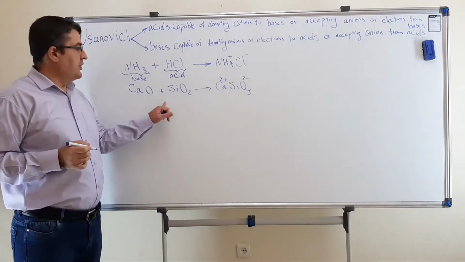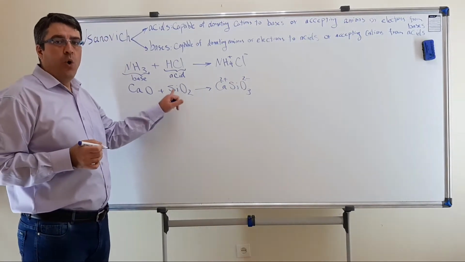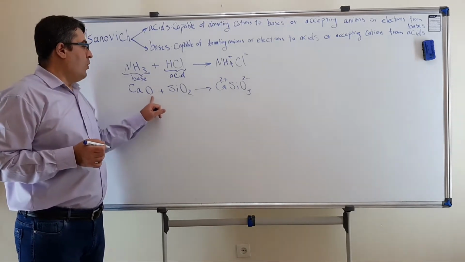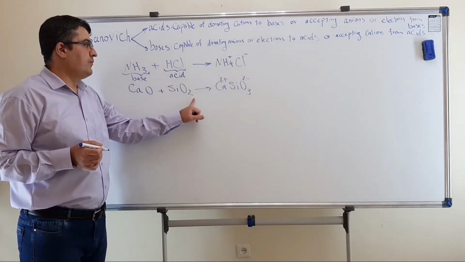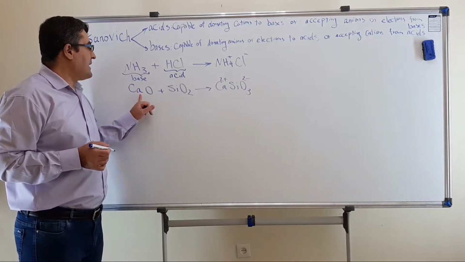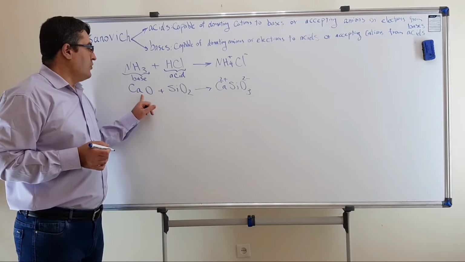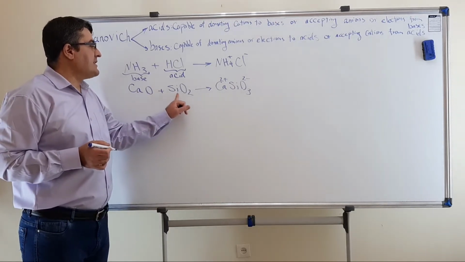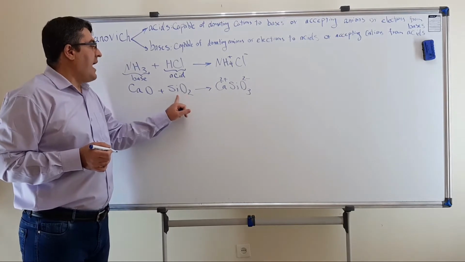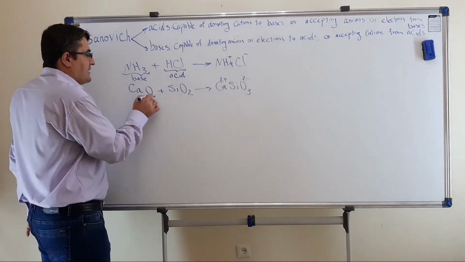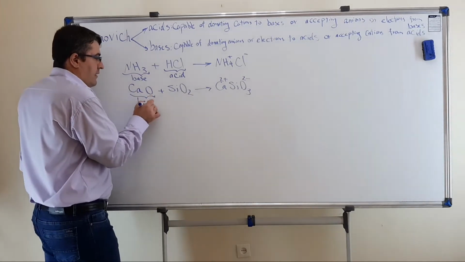In this reaction, we have transfer of O2 minus, the oxide ion, from CaO to SiO2. CaO, acting as an anion donor, can be considered as a Usanovich base, and SiO2, acting as an anion acceptor, can be considered as a Usanovich acid.